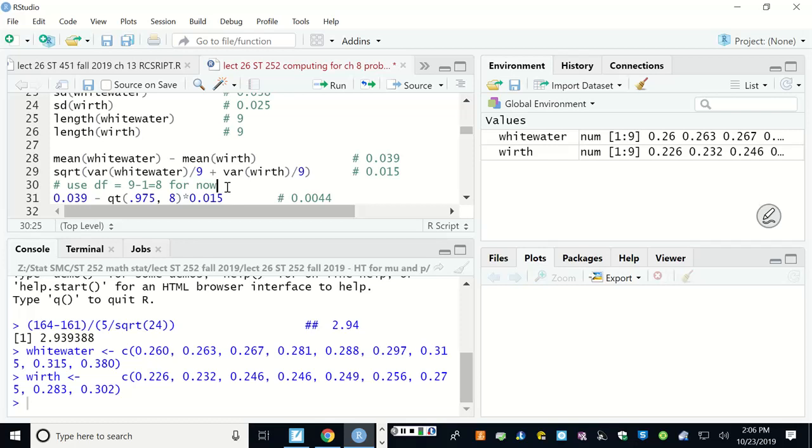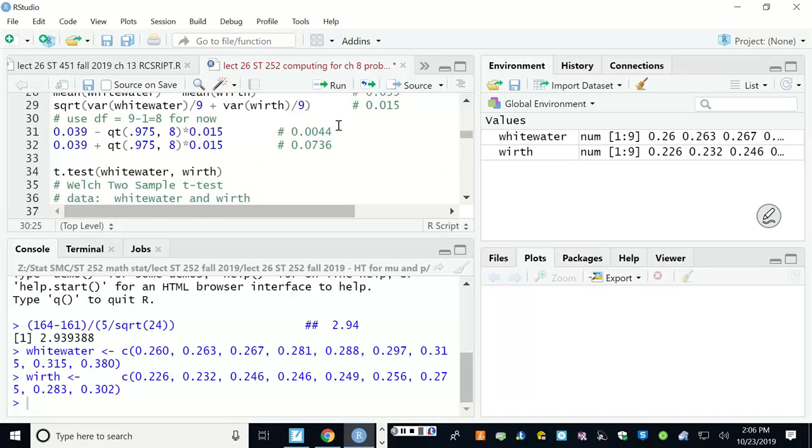So if I used 8 and wanted to make a confidence interval, I take the average difference, plus or minus a t-value with only 8 degrees of freedom times that standard error, and I get 0.0044 up to 0.07 something as a 95% confidence interval for the average difference. So am I going to believe 0? Am I going to believe these things are equal? The interval misses 0. It's above that. So 0 is not included in what's reasonable.